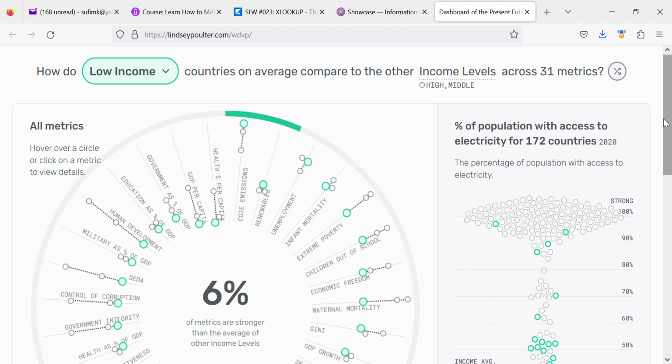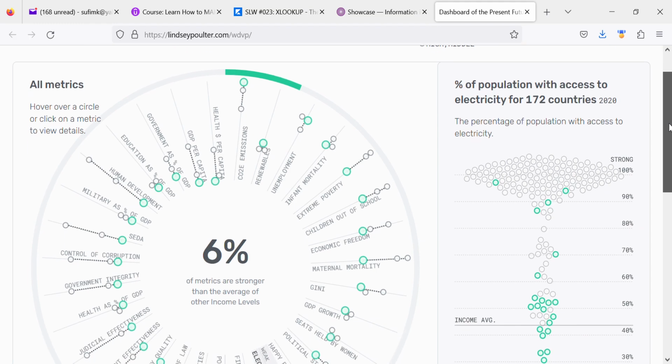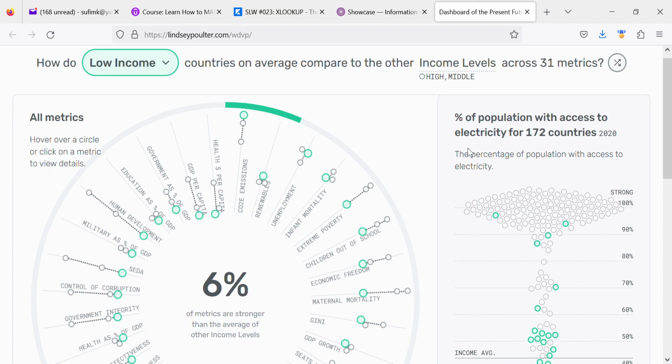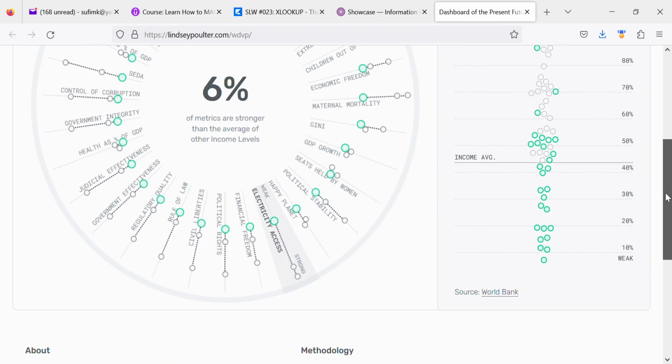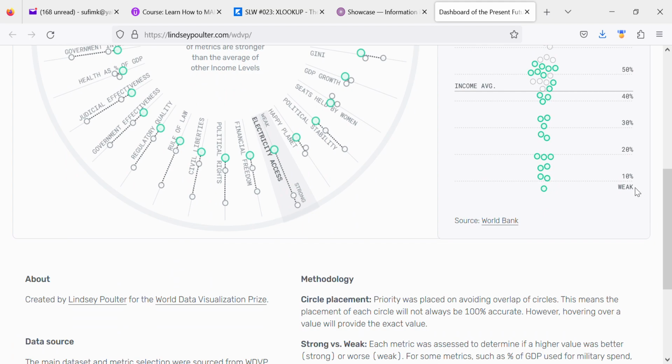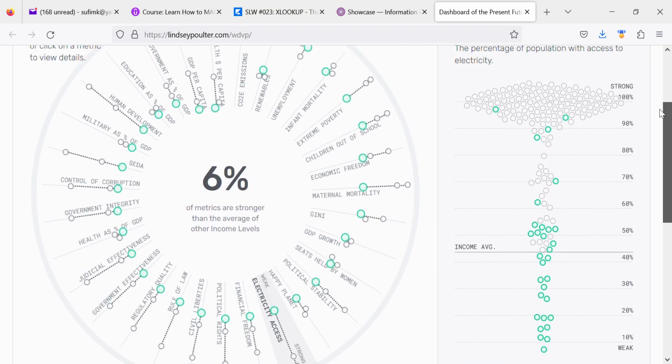The author also shows the percent of population with access to electricity for 172 countries using World Bank data, and it shows from weak to strong.